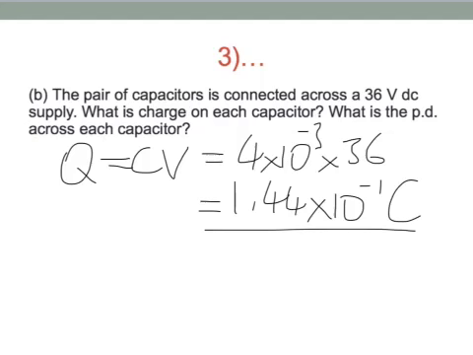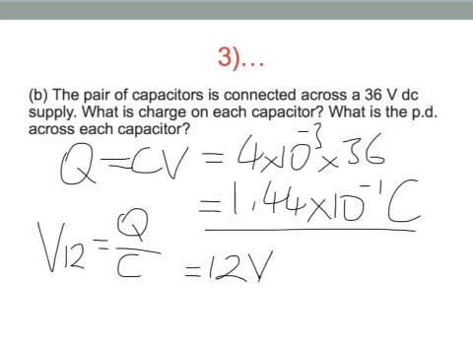The PD across each capacitor next. Let's just choose the V across the 12 millifarad capacitor. We're just going to use Q upon C, but we have to use the charge we've just calculated, the total charge of course, for the Q value, and divide it by 12 millifarads in this case. So if you do that carefully, you should get 12 volts.